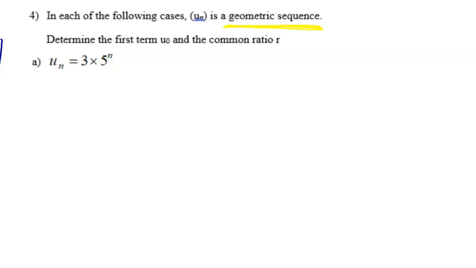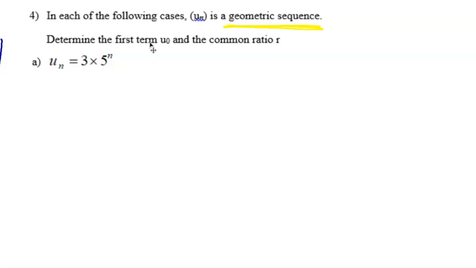In part 4, we are given un as a geometric sequence defined by un equal 3 times 5 to the exponent n. We said that this is known as the explicit formula. Determine the first term u0 and determine the common ratio r.